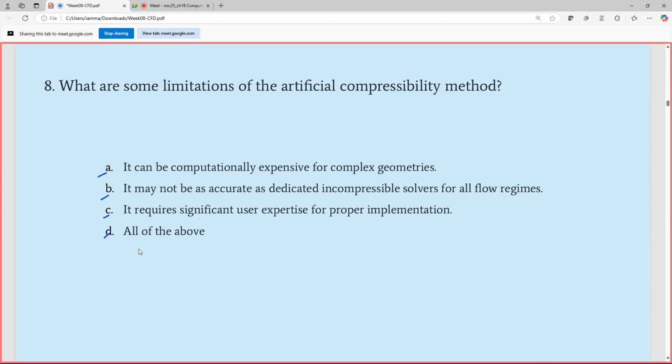So, which among the following are limitations of artificial compressibility method? You can inbox your answers.